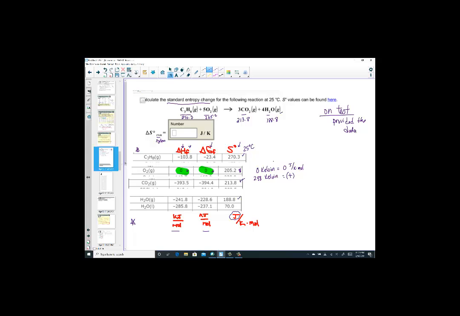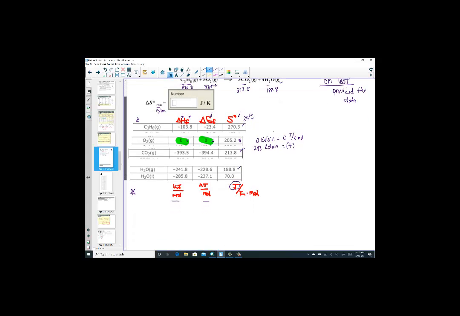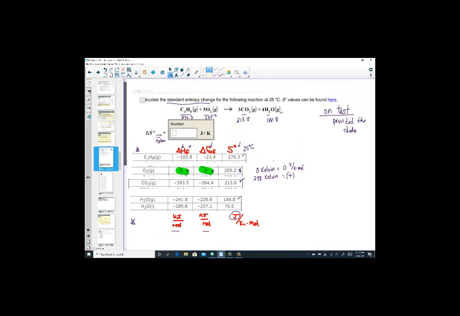All right, so here's our setup, isn't it? Our setup is going to take, well, I need that reaction. We have 3 moles. I'm going to give myself a little room to work. And let's change color here. We'll go blue. We have 3 moles of carbon dioxide.